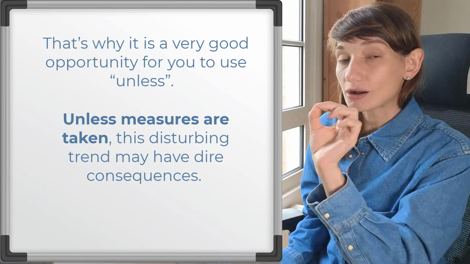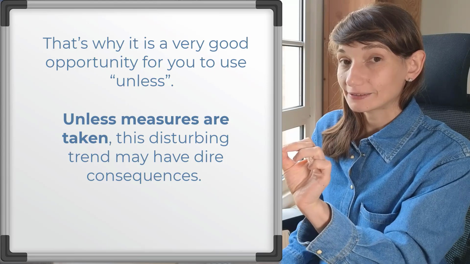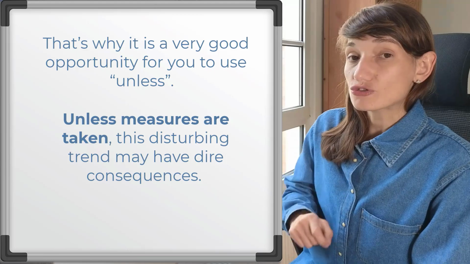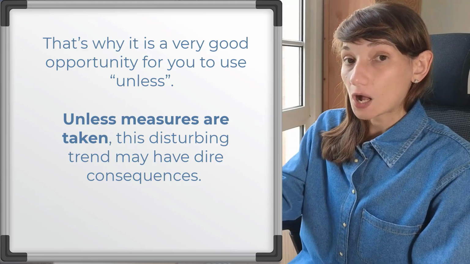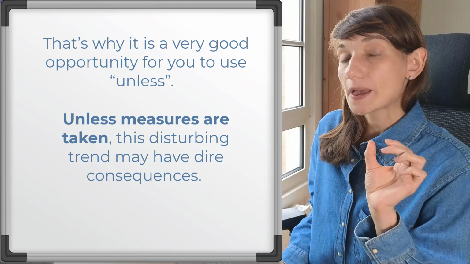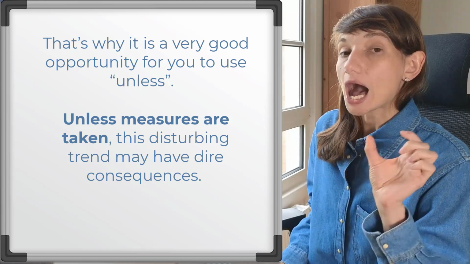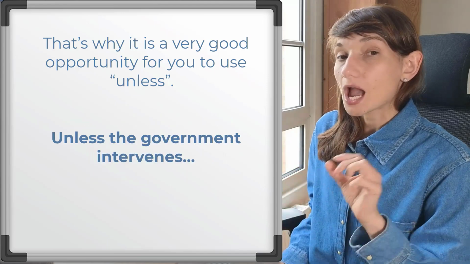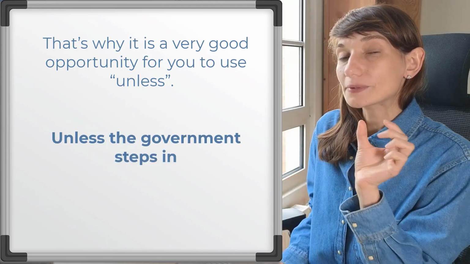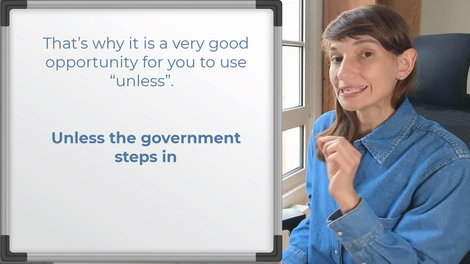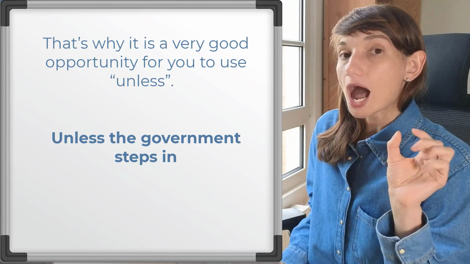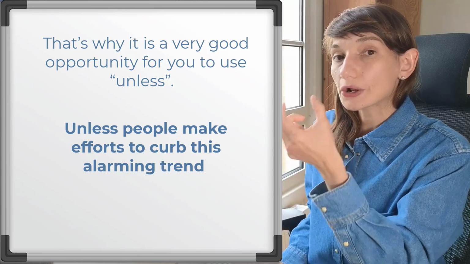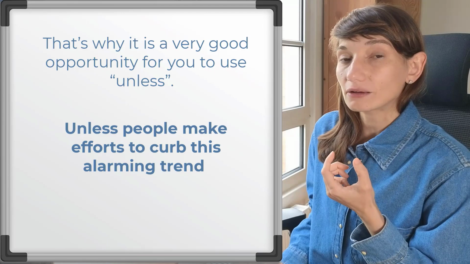Unless measures are taken, this disturbing trend may have dire consequences. So unless measures are taken, unless the government intervenes, unless the government steps in, unless people make efforts to curb this alarming trend.